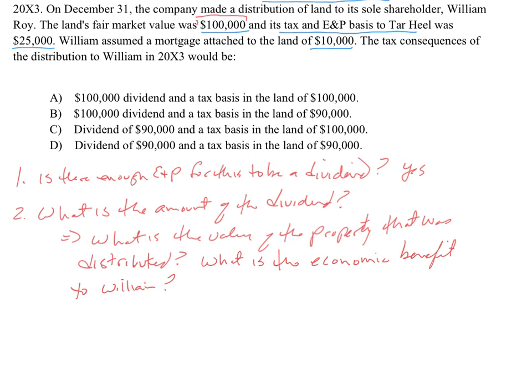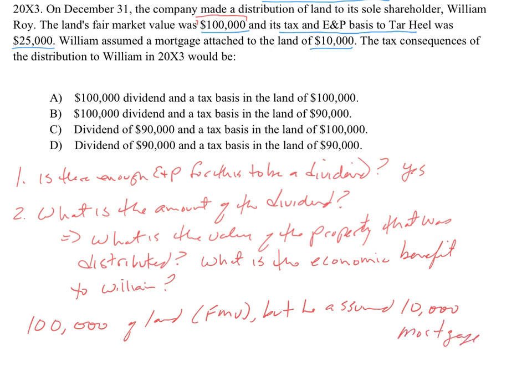Well, what did William get? He got $100,000 of land, because we're concerned with fair market value, but he assumed a $10,000 mortgage.